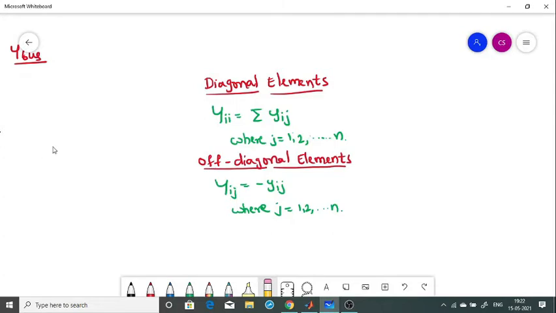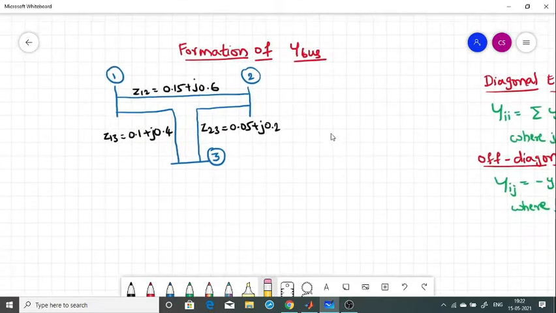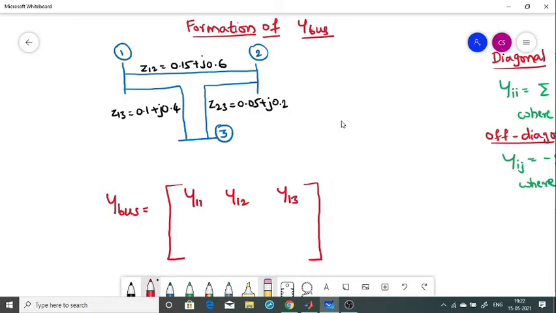Now let us form the Y-bus using the direct inspection method. First of all, we will write down what elements the Y-bus contains. Y-bus is equal to a matrix with capital Y11, Y12, Y13, then Y21, Y22, Y23, then Y31, Y32, Y33. Why is it a 3x3 system? Because the power system network consists of three buses.